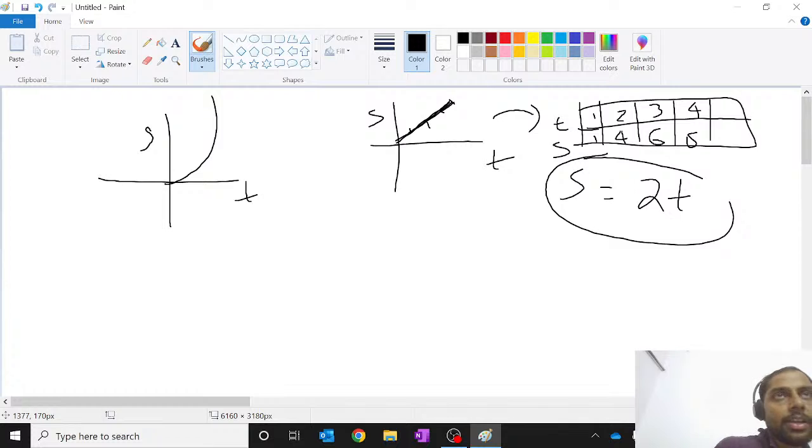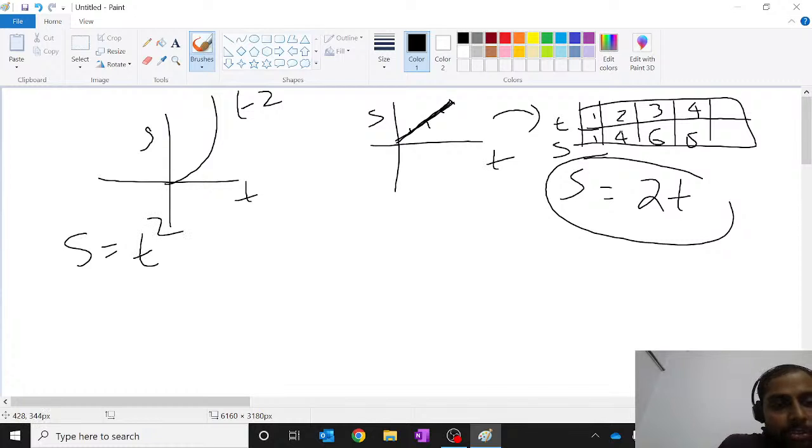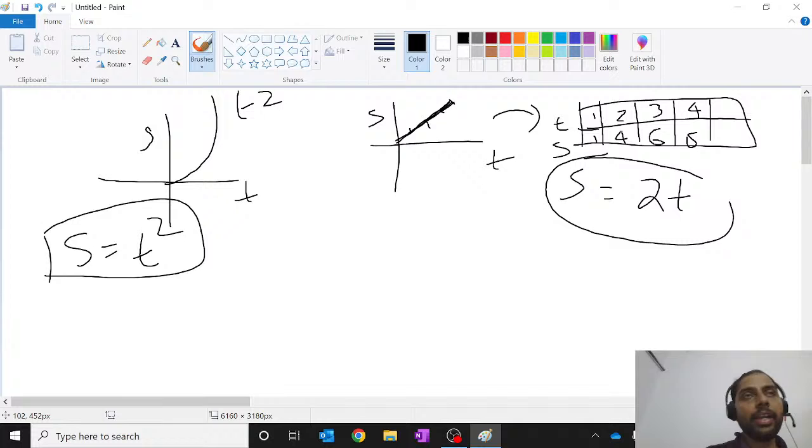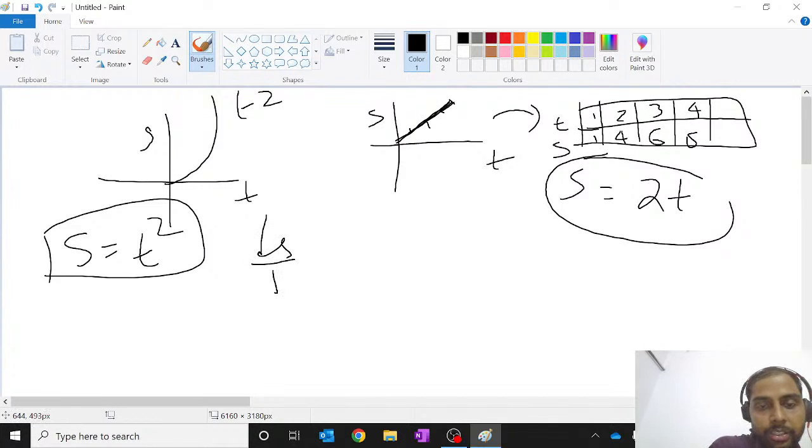Similarly, when I'm talking about a parabola, the power t square has to be there. For a simple case, let's assume s is nothing but t square. Now, if you remember, the slope is your ds by dt. ds by dt is nothing but your slope.